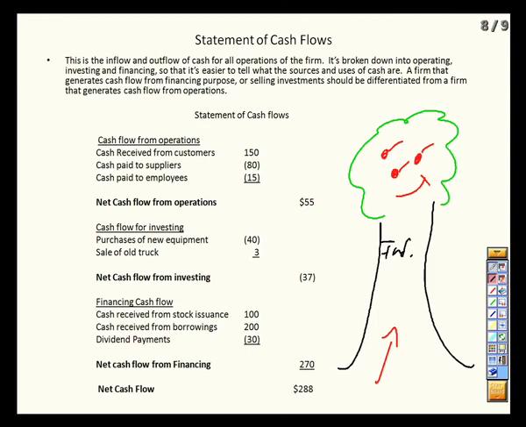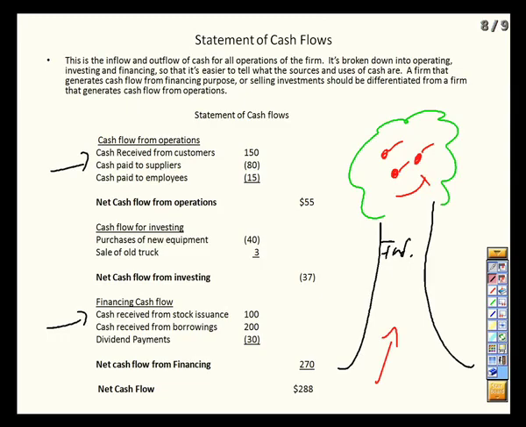We should want to know, why did cash go up? Did it go up because we borrowed more money from the bank down here in financing? Or did it go up because we were profitable this year, because we sold product for more than we bought it? Those are two very different sources of cash, and if we want to make a good decision, we should pay attention to that sort of distinction.